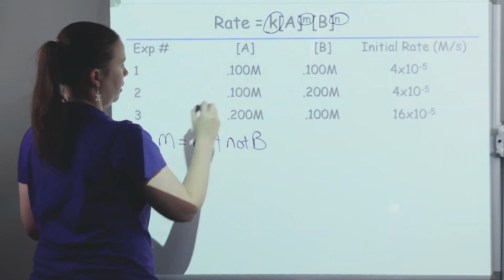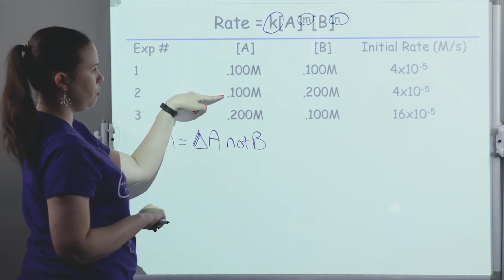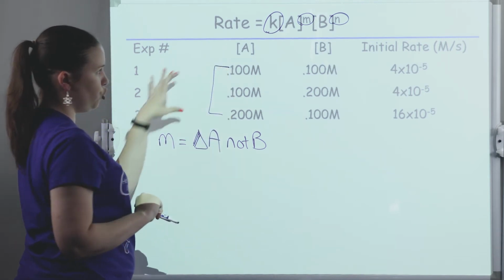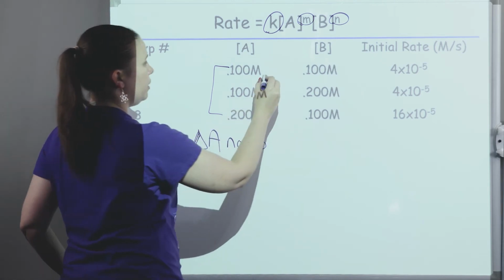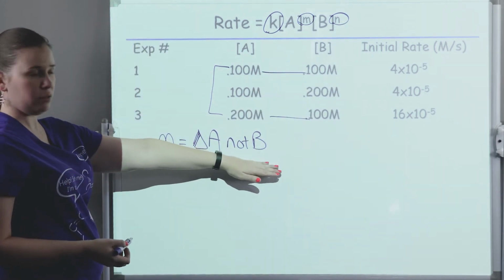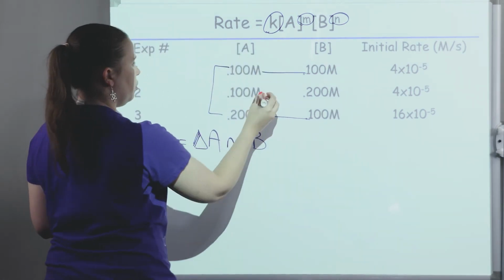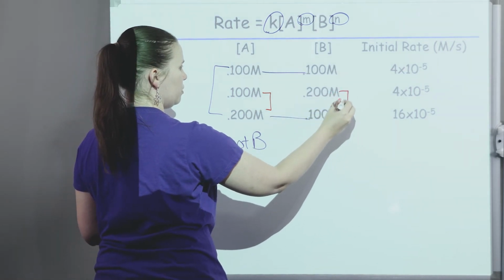So if I look at A, experiment 1 and 2 doesn't change A, so that would not be a good choice. I can see 1 and 3 do change A, and I can see 1 and 3 have a constant B. You also see a change between 2 and 3, but notice how B is not constant.